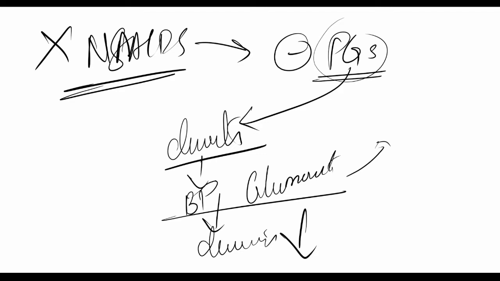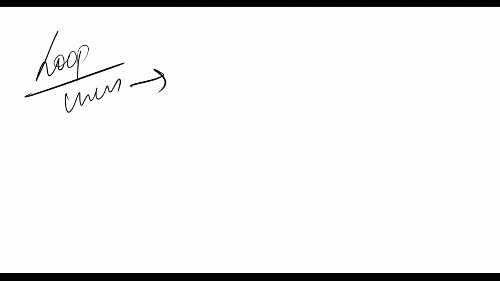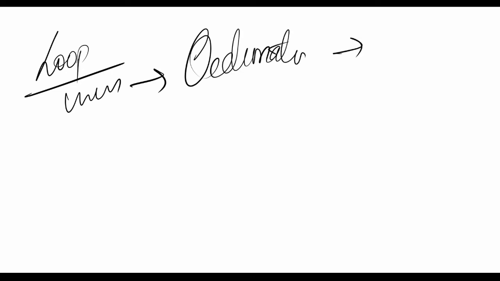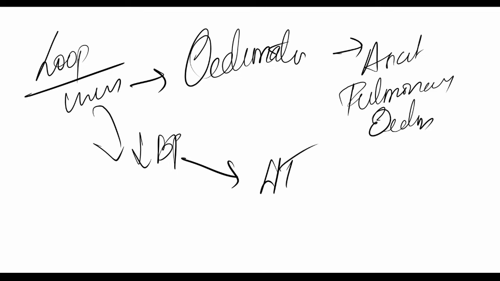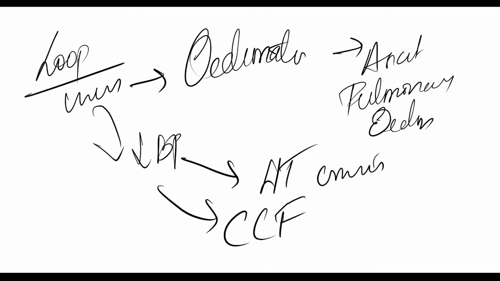Now we'll come to the clinical uses of loop diuretics. As I stated earlier, they can be used in edematous states, like ascites and pulmonary edema. They are used in decreasing BP in hypertensive crisis, and when a decrease in BP is required to decrease the preload or afterload, so in congestive cardiac failure.